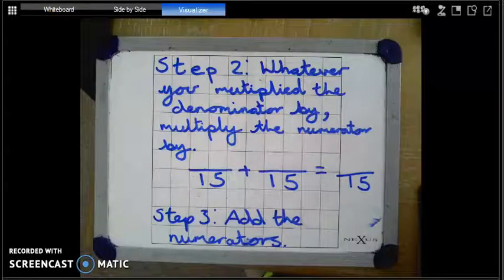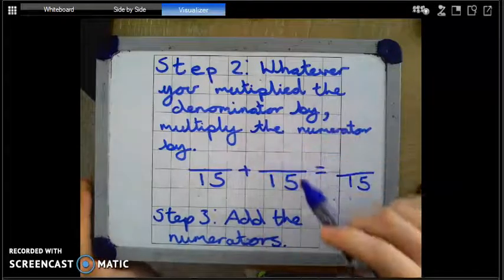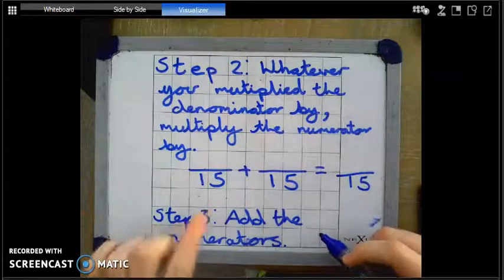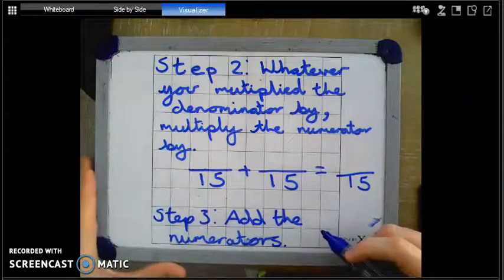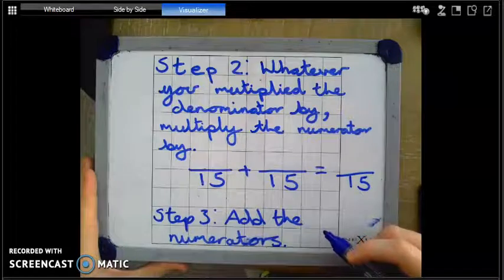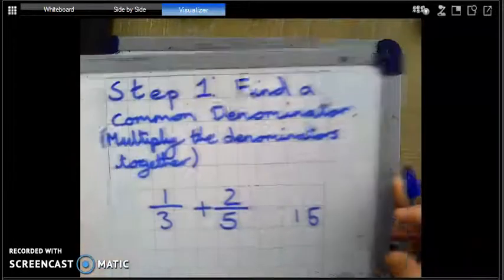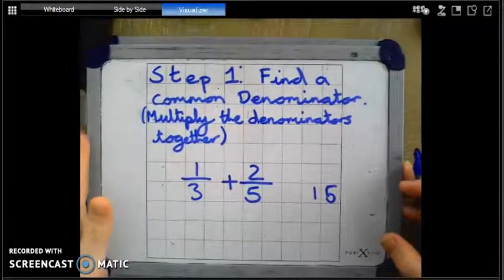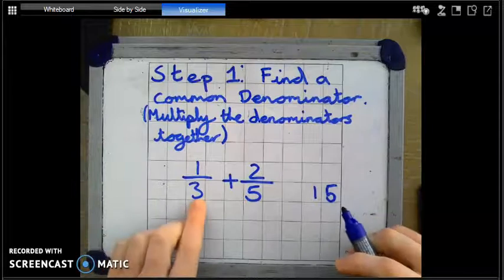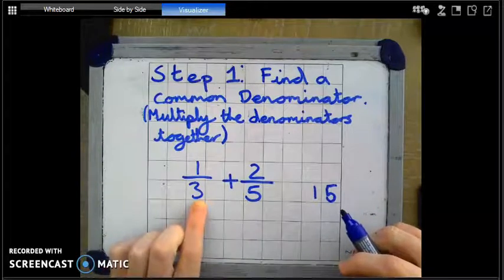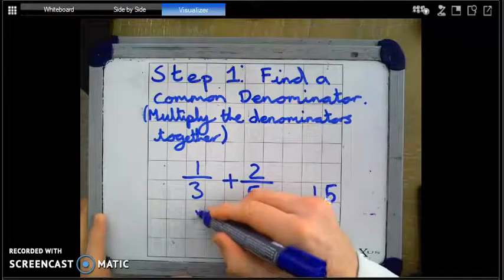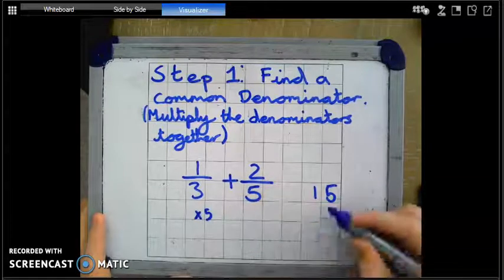Step 2, whatever we multiplied the denominator by to get 15, we need to multiply the numerator by. Well, if we look back at the original calculation, 3 times 5 is 15.